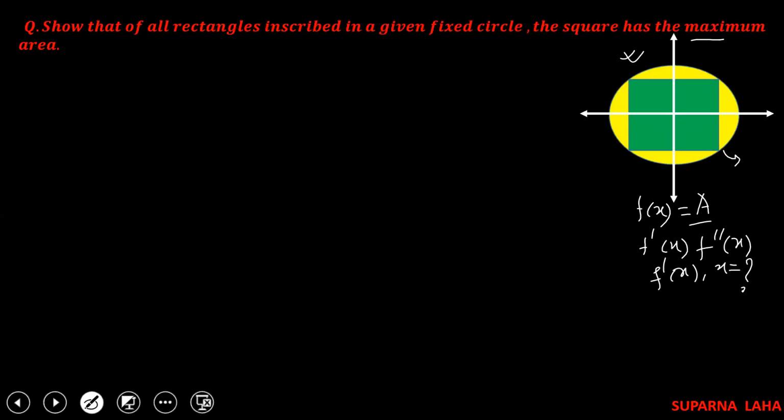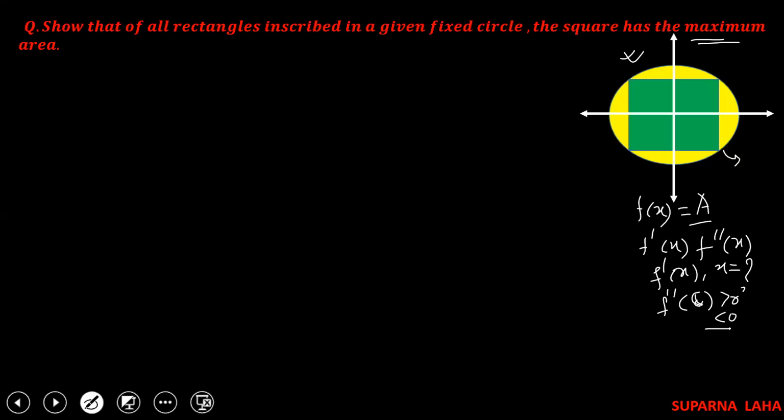And then we need to check that f double dash at this value, if it is c, then f double dash c is greater than 0 or less than 0. Since here we have to show this is maximum, then we have to show this value is less than 0.